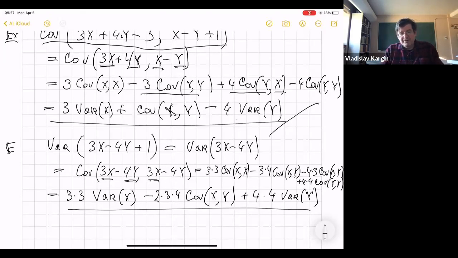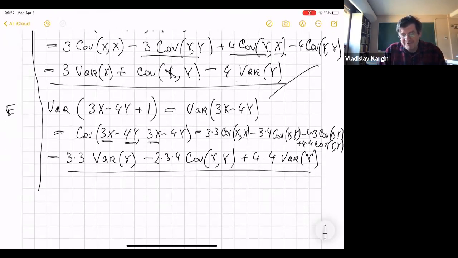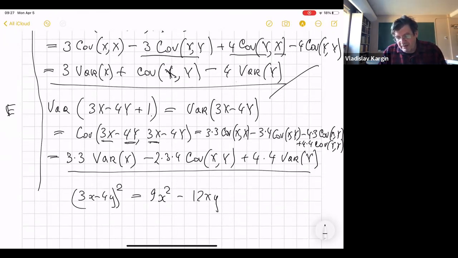It's essentially what you do with a product. The only thing you're ignoring is the plus 1. If you write what 3x minus 4y squared is, you would immediately write 9x squared minus 2 times 12xy plus 16y squared.